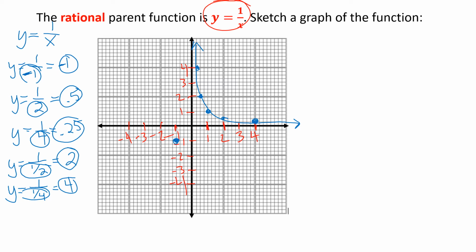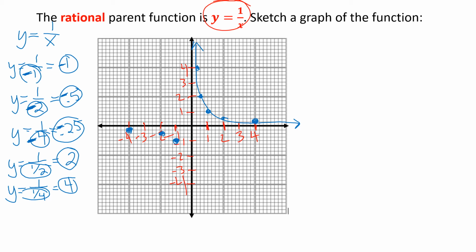Instead of 1 divided by +2, I'm going to do 1 divided by -2, which would be -0.5. So I'm going to go -2 on the x-axis and then down 0.5 on the y-axis. And then the next one, instead of 1 divided by +4, we're going to do 1 divided by -4, which would be -0.25. So I'm going to go to -4 on the x-axis and then down 1/4 of the way on the y-axis.